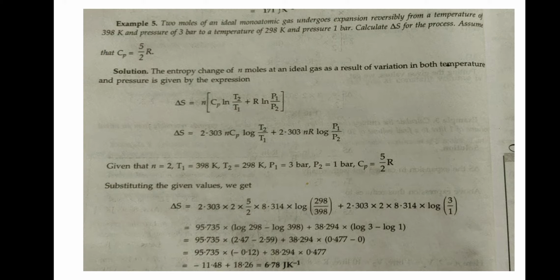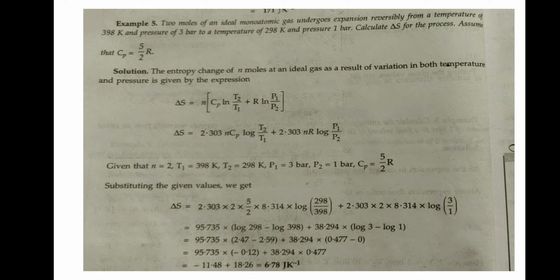To convert the natural log to the log base 10, we will multiply the equation with 2.303. So it will become 2.303 NCp log T2 by T1 plus 2.303 NR log P1 by P2.